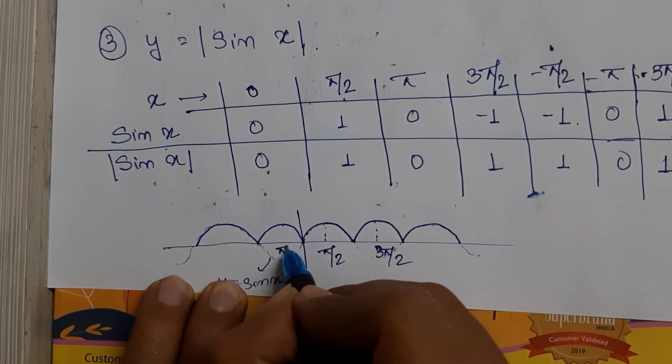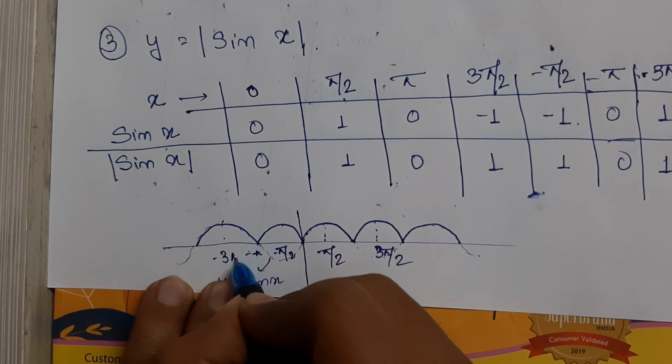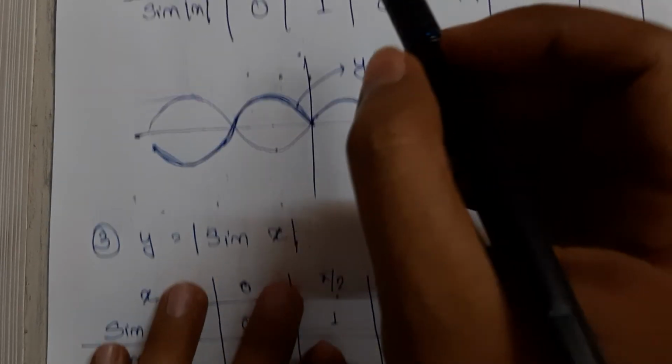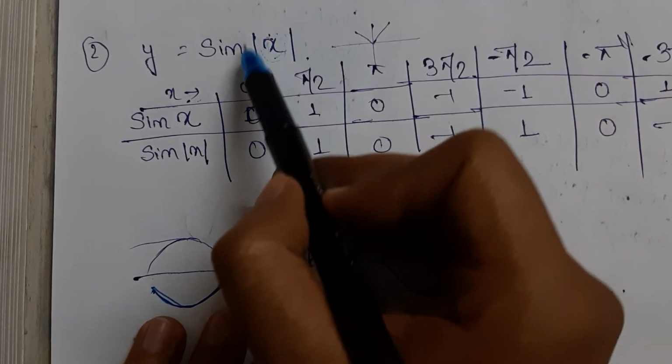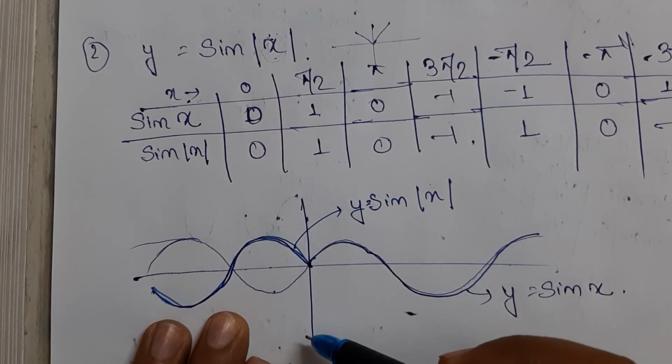When it is pi by 2, minus pi by 2, minus pi, minus 3 pi by 2. As I told earlier, when the mod is with the x value, we put a mirror along the y axis.